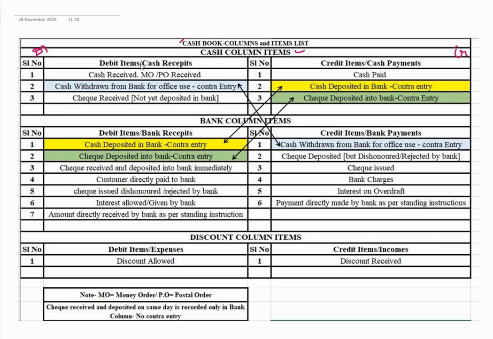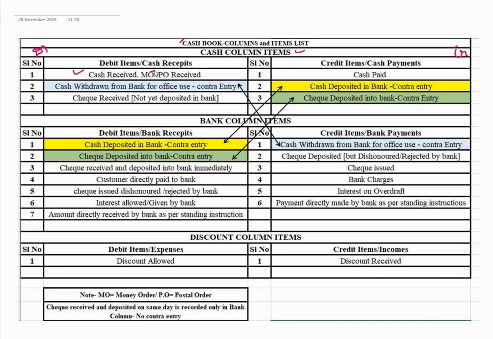But any transaction we are doing using cash or bank, that we need to record in these cash books. So here, the first item you can see is cash received. Cash received means anybody has given cash.